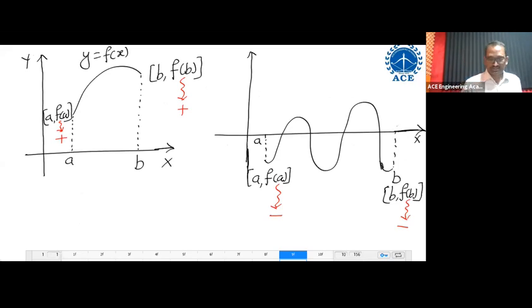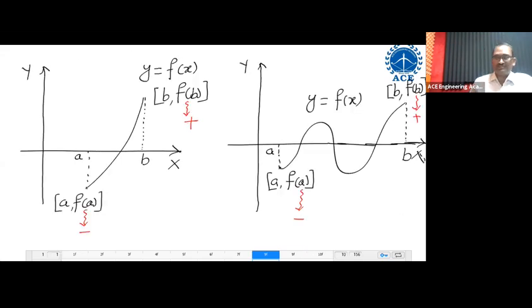Now let us write the theorem statement. Look, everyone. Theorem statement is: suppose y is equal to f of x is a continuous function defined in closed interval AB. Suppose f of a and f of b are of opposite signs. Then there exists at least one root between a and b.